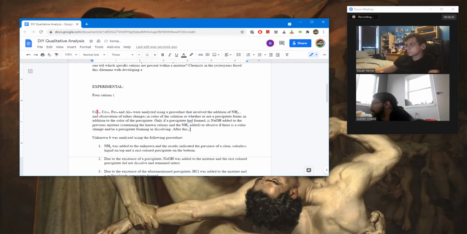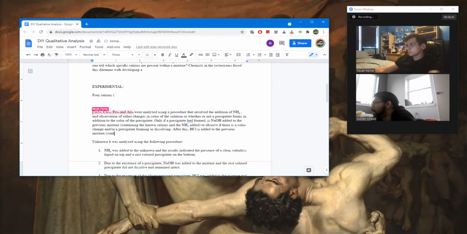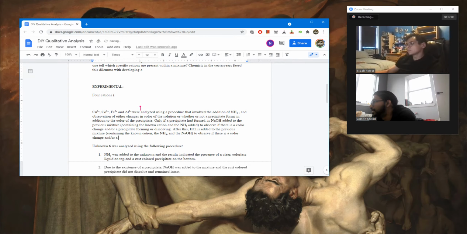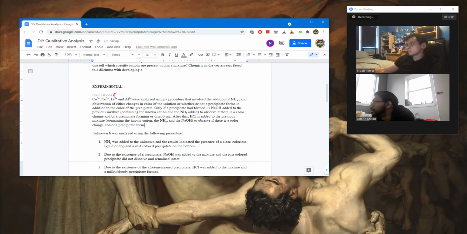After this, HCl is added to the previous mixture containing the known cation, I should say singular cation here, containing the known cation, the NH3, and the NaOH, to observe if there is a color change and/or a precipitate forming or dissolving.